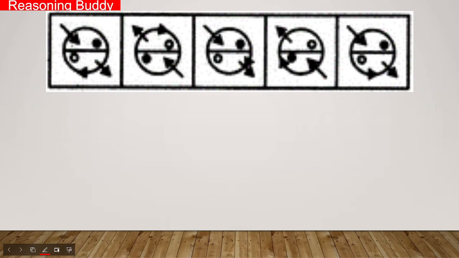See here, what are the main characters? Arrow, a circle and a dot. If there is no color inside, we will consider this as a dot. First of all, we compare the arrow. Both arrows are in the same direction. Here also same direction.